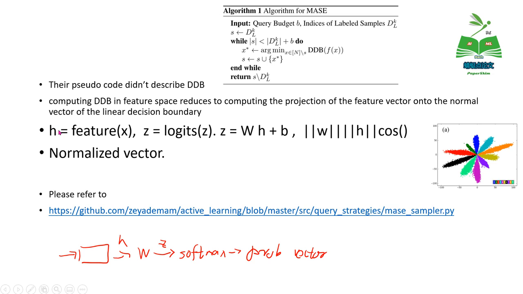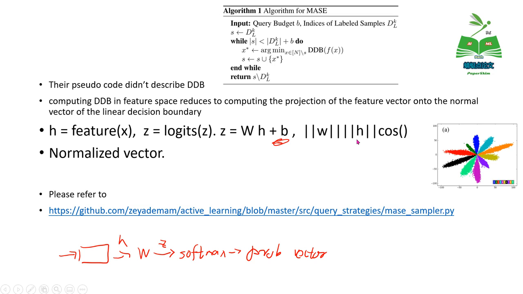So here h equals the feature of x. Then compute the logits, namely times the W. So z is almost equal to W times h plus b. Or you can also ignore this bias term. So this one is W times h times the cosine of theta.